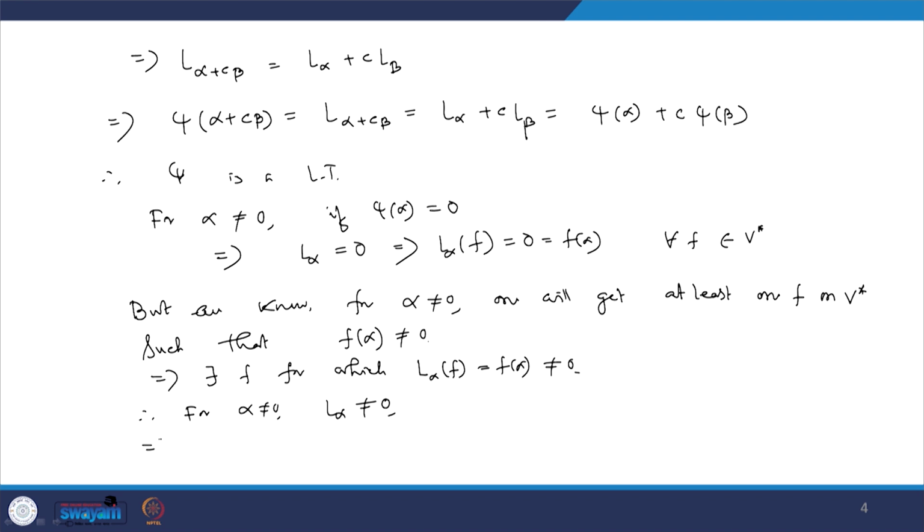So, this implies that your psi is 1 1, because the null space of psi is only the 0 subspace. Psi is 1 1. So, we have psi is a 1 1 linear transformation from V into V double star.